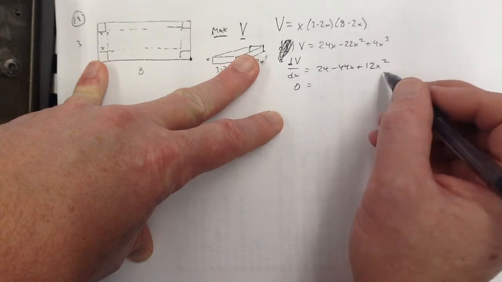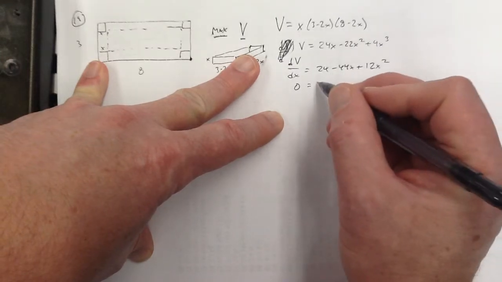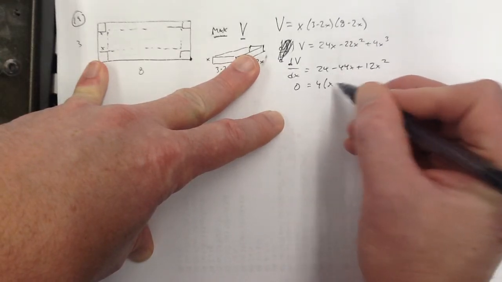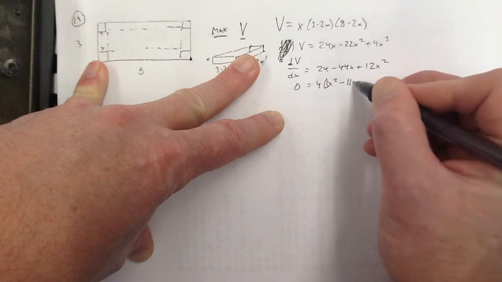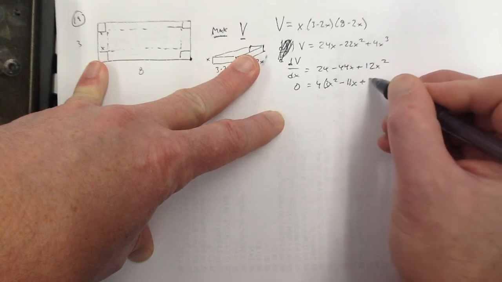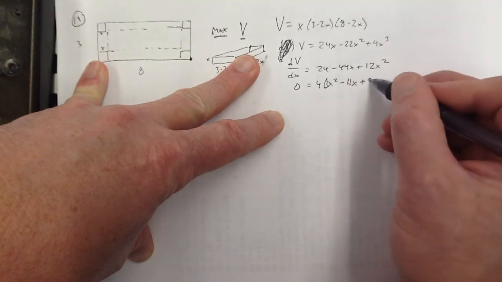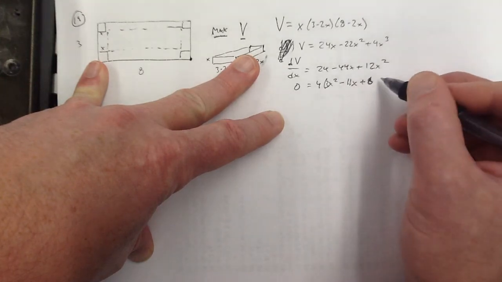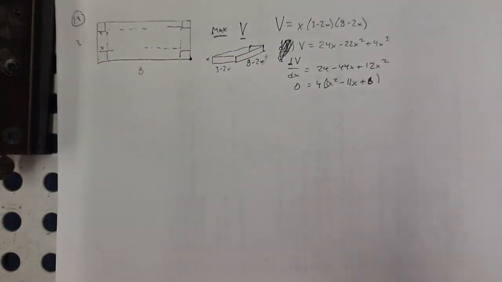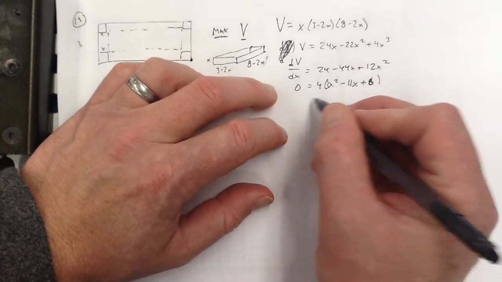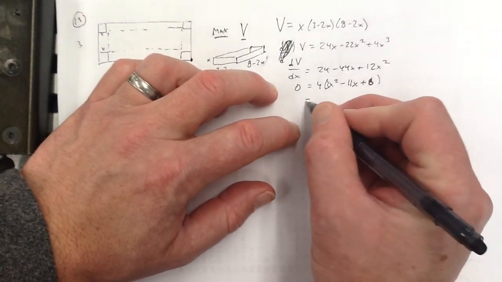And maybe I'll do a little factoring here. Looks like I can take a 4 out. And that's going to be 3x squared minus 11x plus 6. And let's see, can that be factored? I don't know. Let's give it a shot.